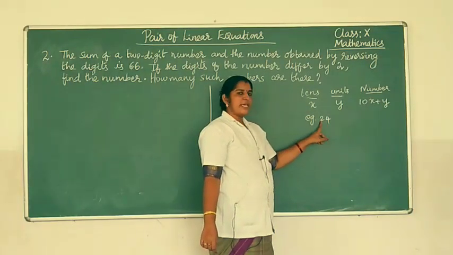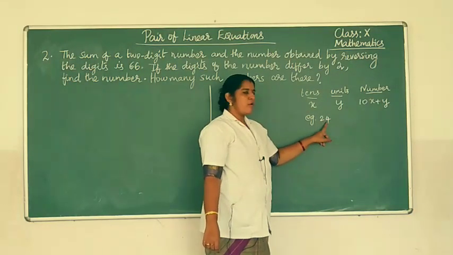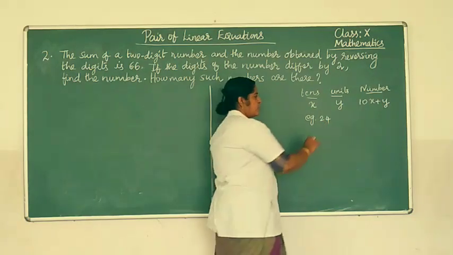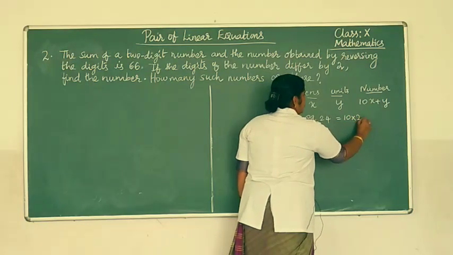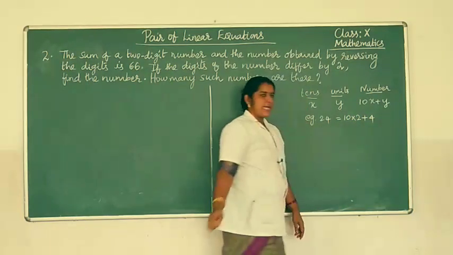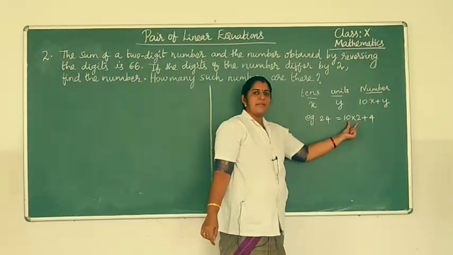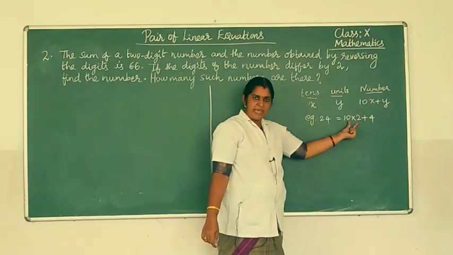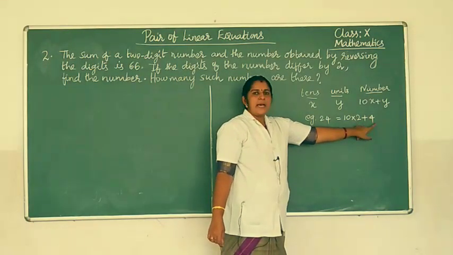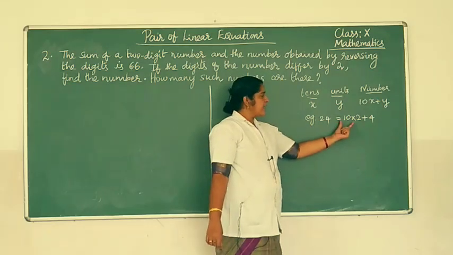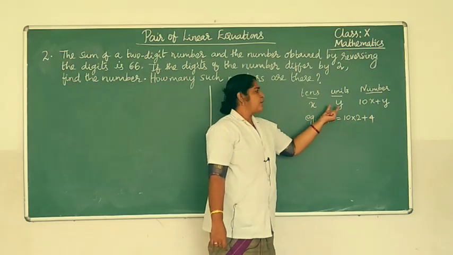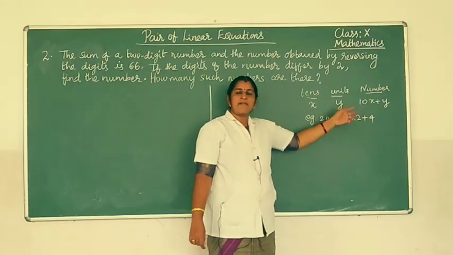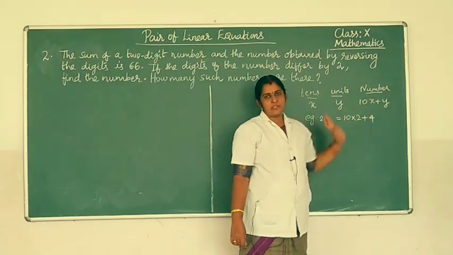You know that 2 is in the tens place and 4 is in the ones place. So when you expand this number, how will you write? 10 into 2 plus 4. That is, 2 is multiplied by 10 because it is in the tens place, plus the digit in the ones place, that is 4. So this way, when x is in the tens place and y is in the ones place, our number is 10x plus y.